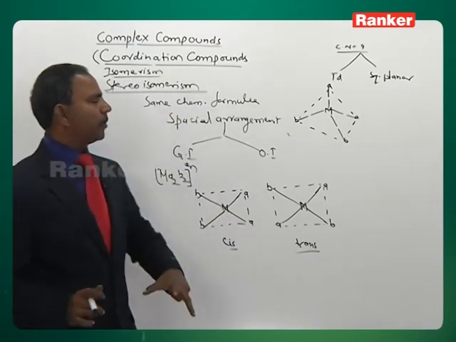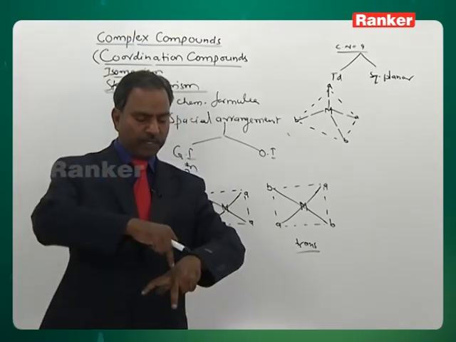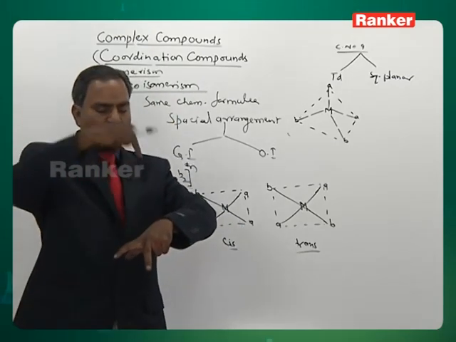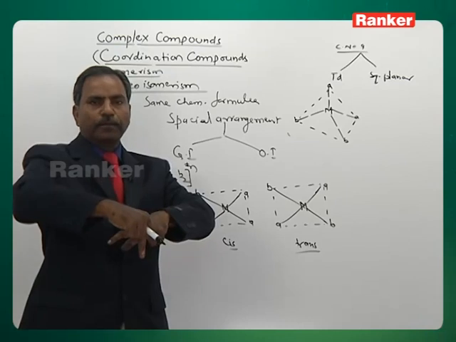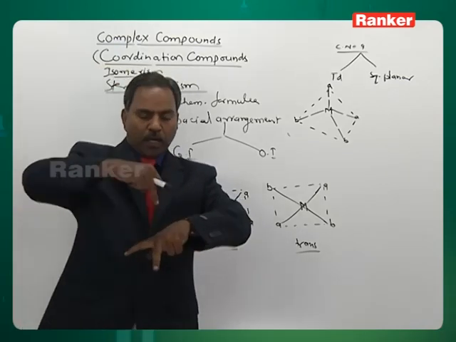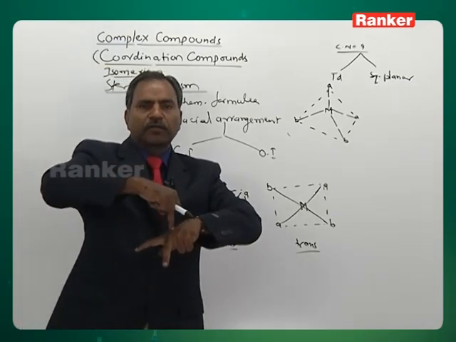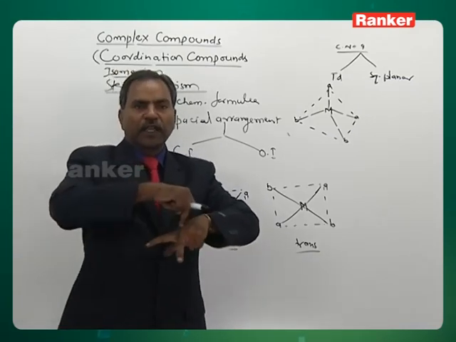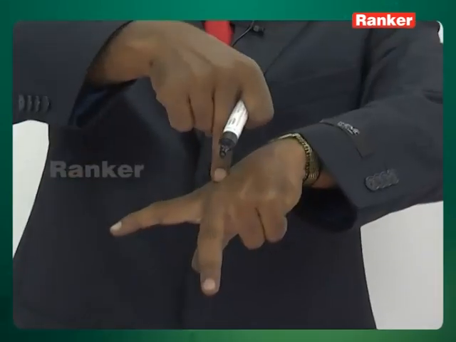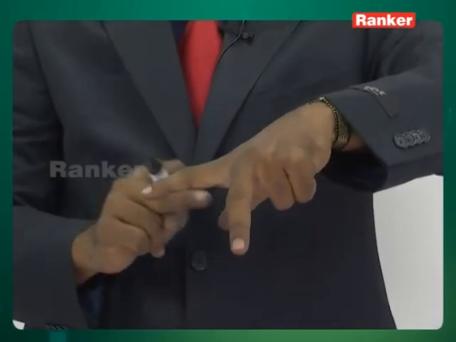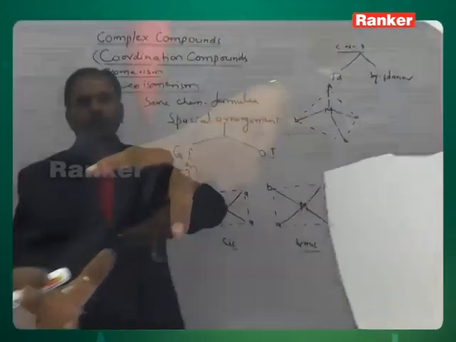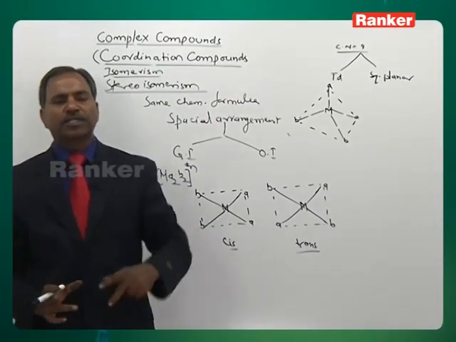But on the board, a two-dimensional plane, you cannot easily understand. Look here, imagine this as tetrahedral geometry. This is the A ligand, this is also A, this is B and B. This A is at equal distance to this A and these two B's. Between any two ligands, the distance is more or less the same.